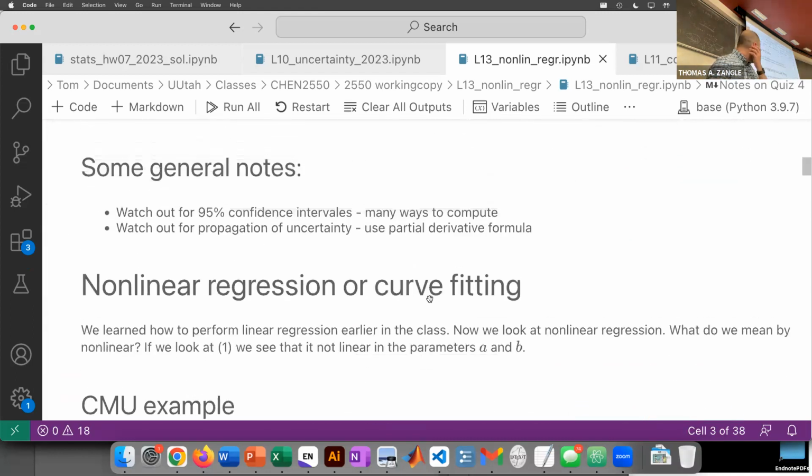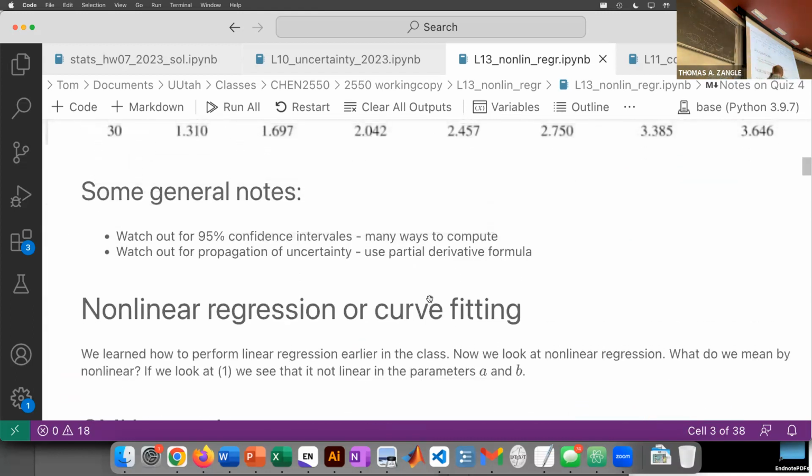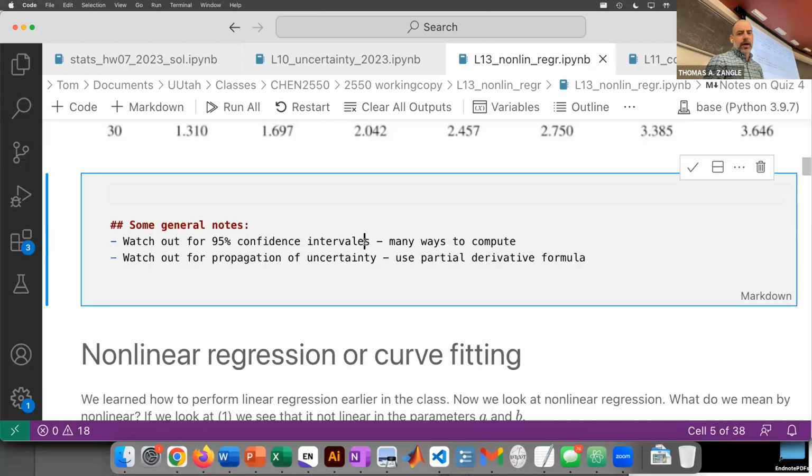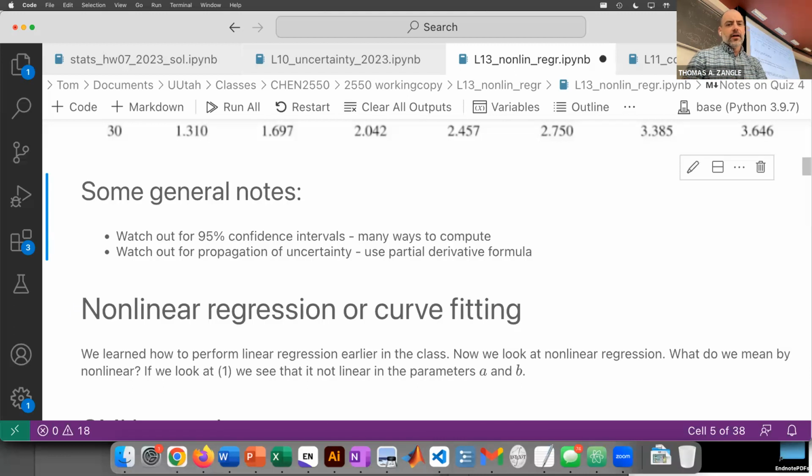All right. Some other notes and clarifications I just wanted to go over that came from conversations with some of you over the past couple of days. One thing is that we've talked about many different ways of computing 95% confidence intervals.